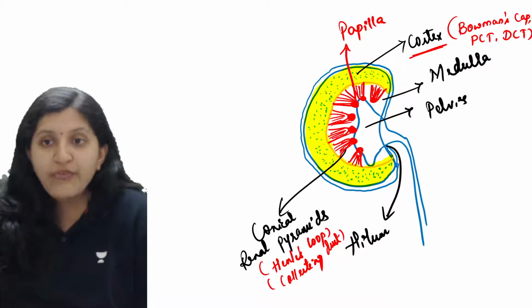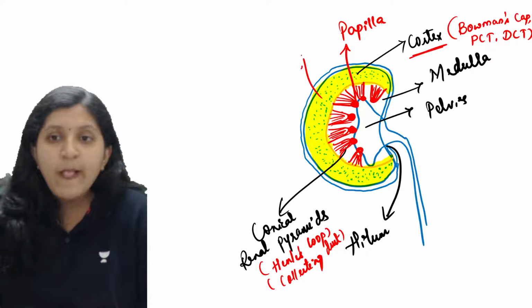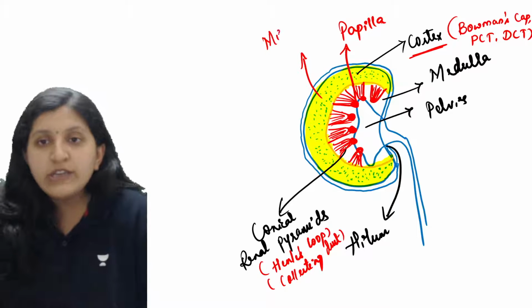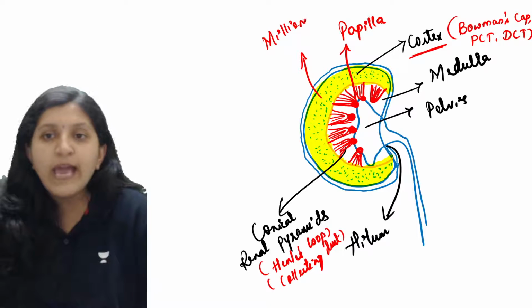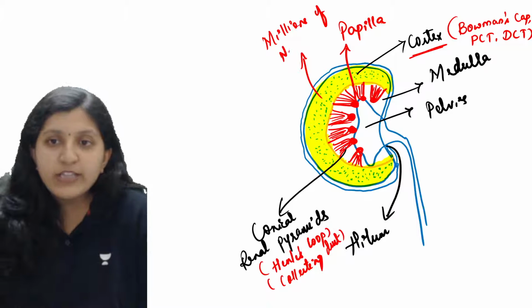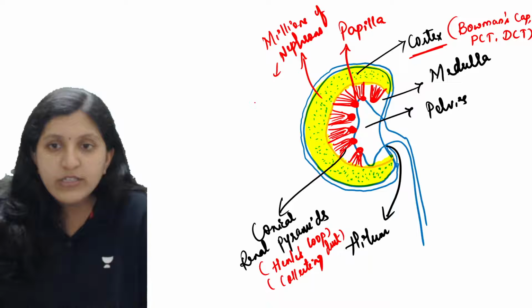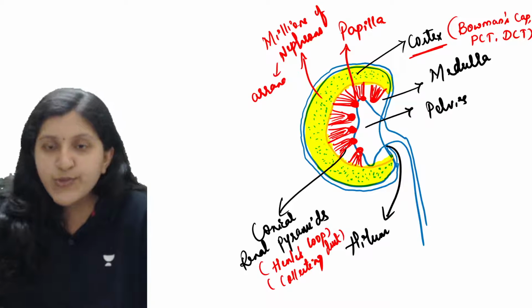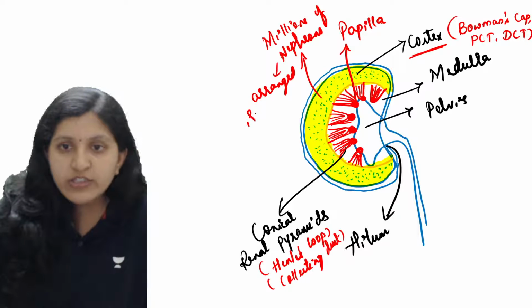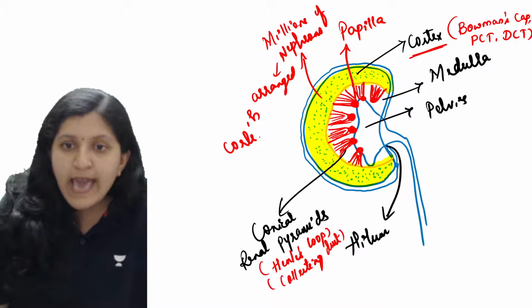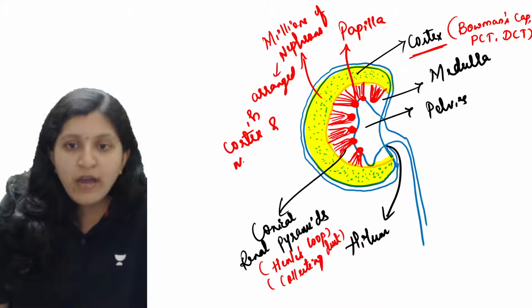So you can find millions of nephrons arranged in the cortex as well as the medulla region.